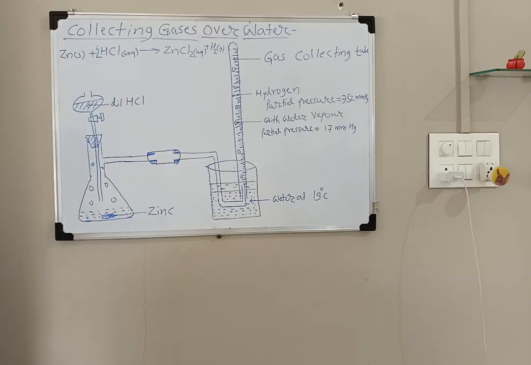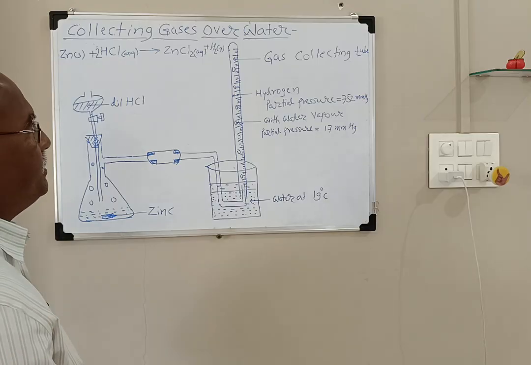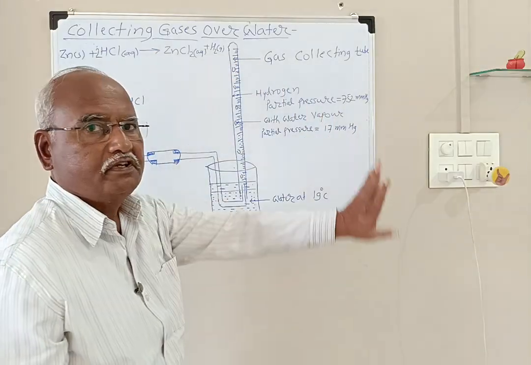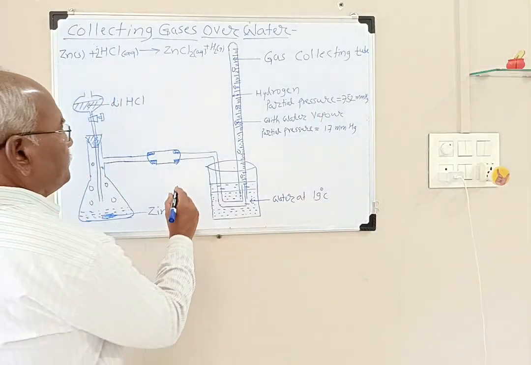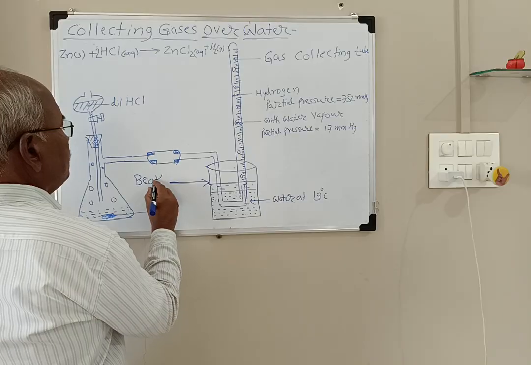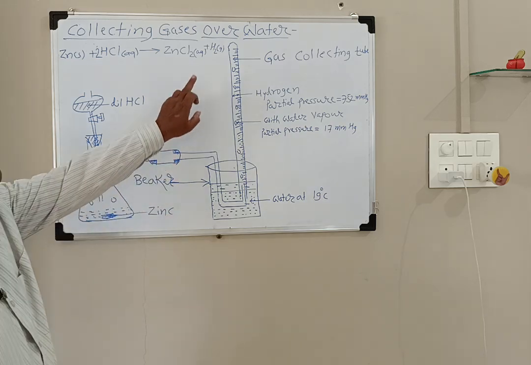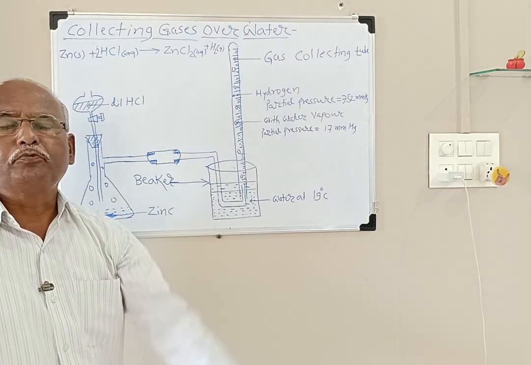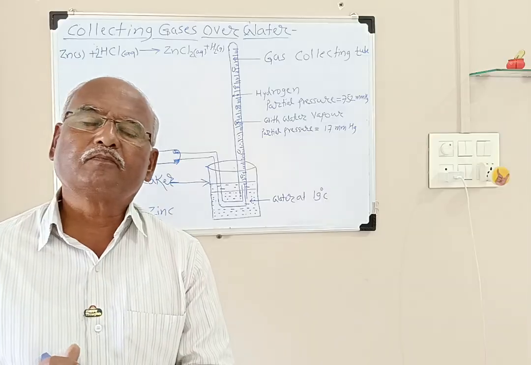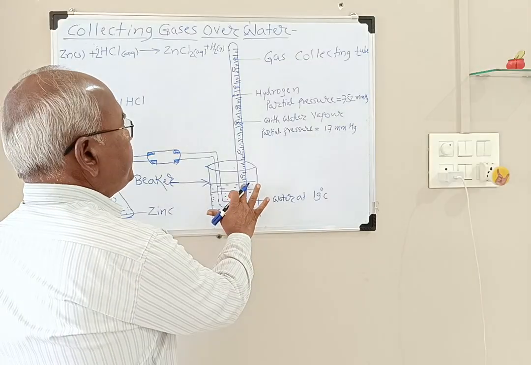This hydrogen gas passes through this side tube and enters a gas collecting tube. This is a beaker containing water. This is the gas collecting tube which is completely filled with water and inverted over this outlet of hydrogen.